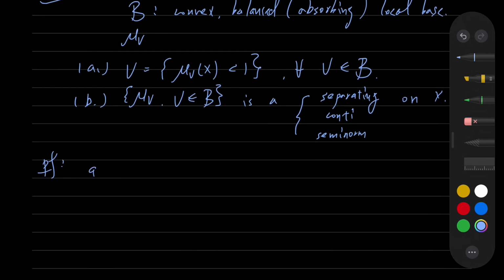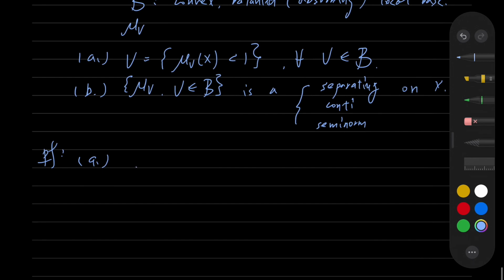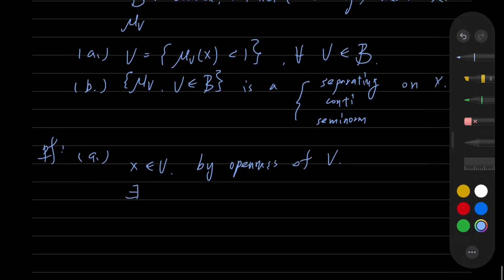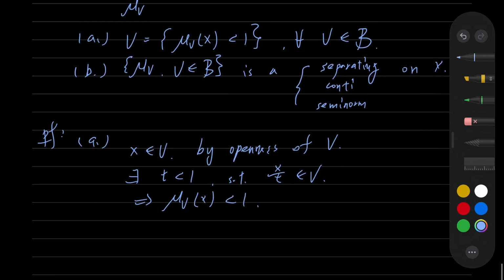So starting from A, we look at a point that's inside V. Then by openness of V, there exists a t that's smaller than 1, such that x over t is still inside V. And this implies that mu v of x is smaller than 1.